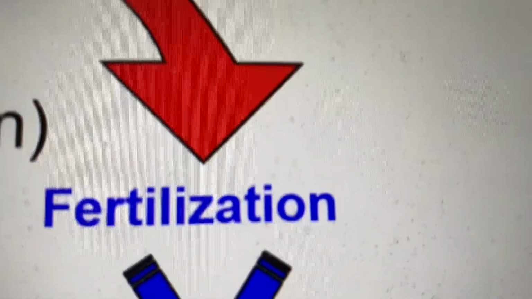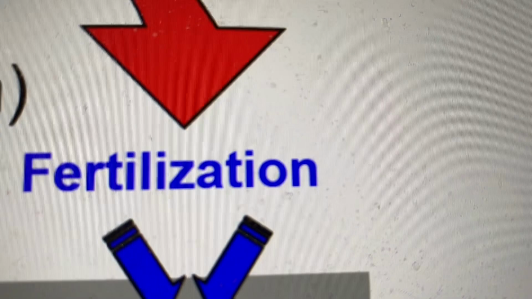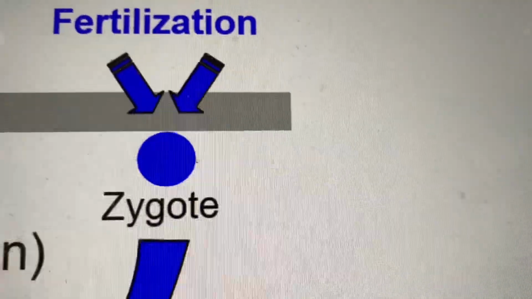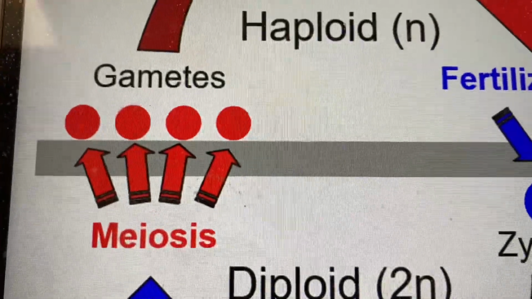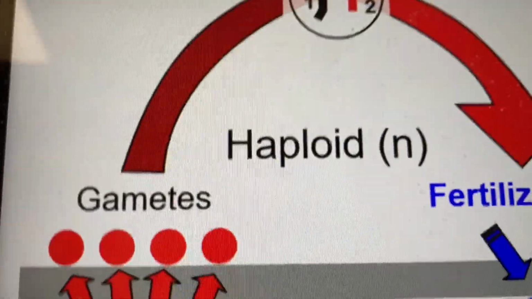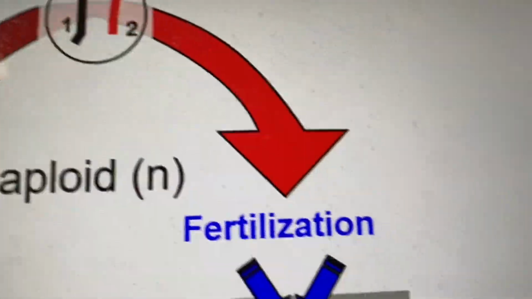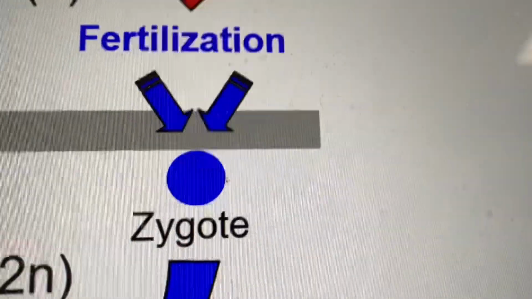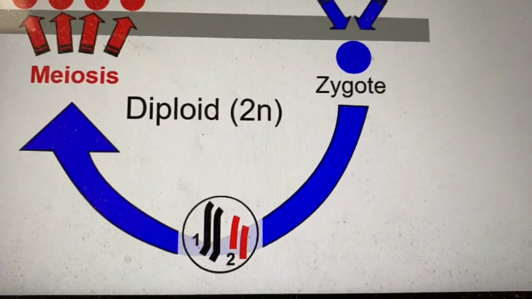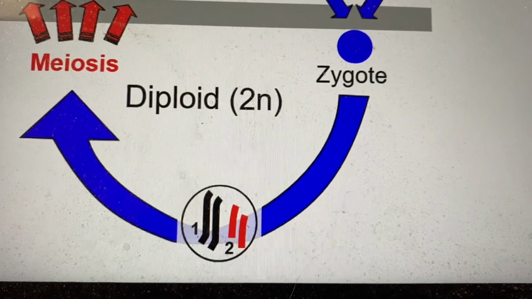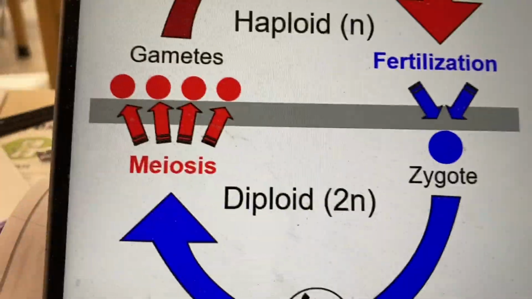And the gamete that's been fertilized, we now change its name to a zygote. So we've got haploid gametes. If two gametes meet, we have fertilization, and then we have a zygote, which is diploid, a full set of chromosomes.